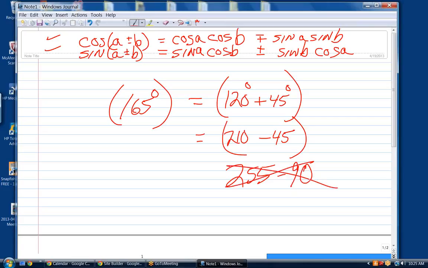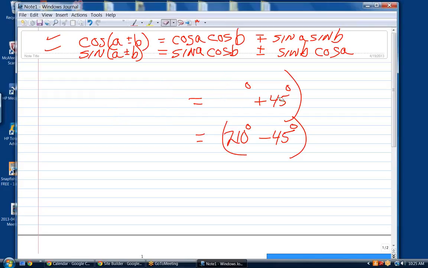In other words, you've got to always break it up so that you end up with angles that we know without a calculator. That's going to be the goal when you take a test, because this is going to be a non-calculator part of the test. Their whole point here will be to get you to break up these numbers into either the sum of two numbers or the difference of two numbers. Okay, let me just give you one more, and then let's go on to a different subject.